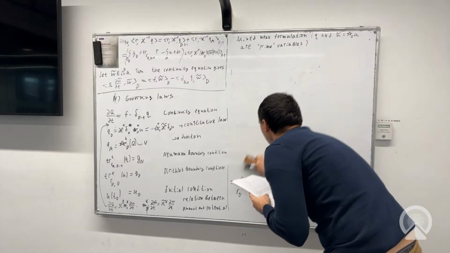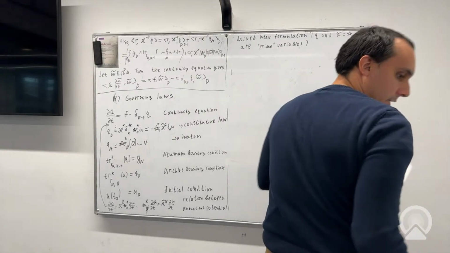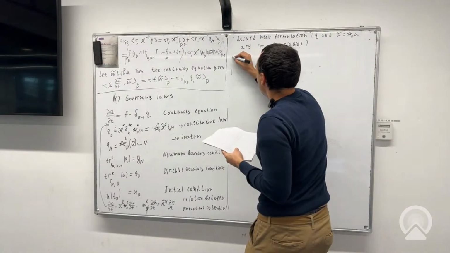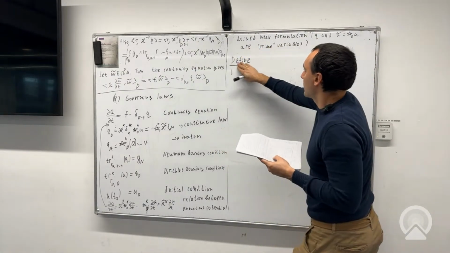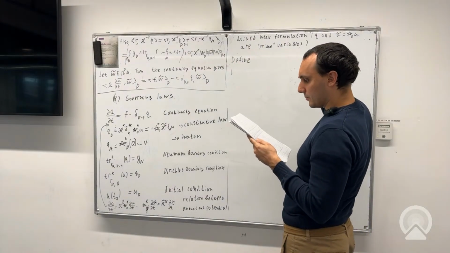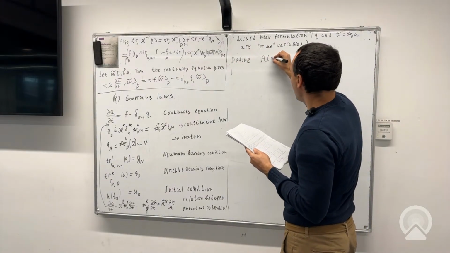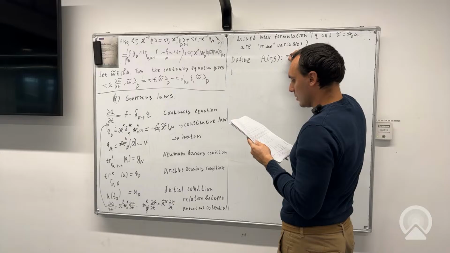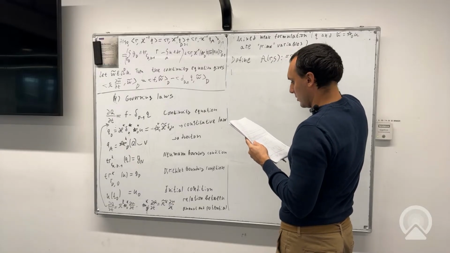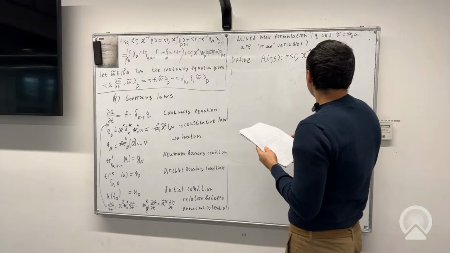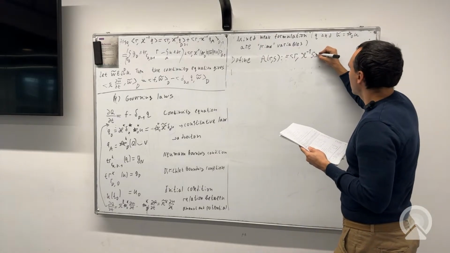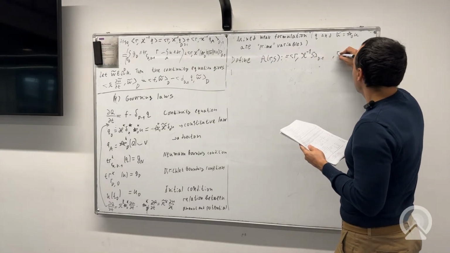To finish, define A(R,S) to be R kappa minus 1 S. Here R and S are d-forms.